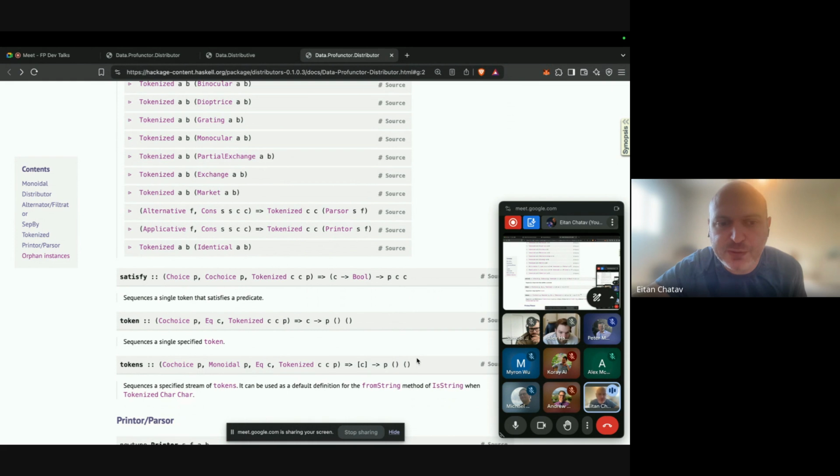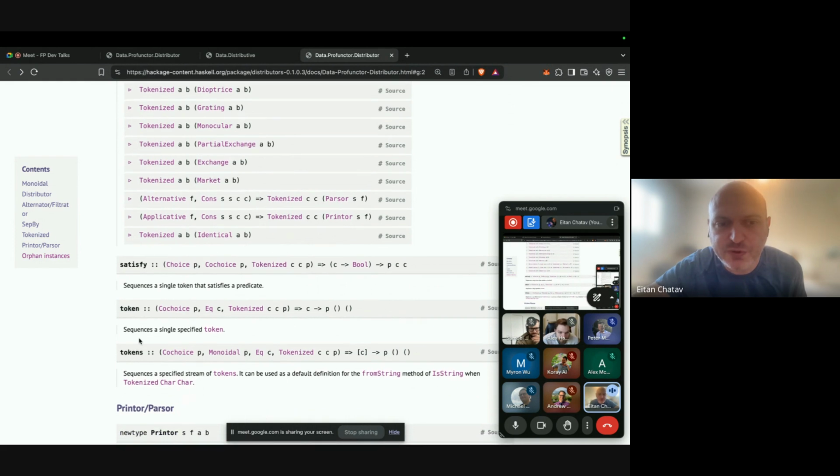And where the strings come in is this tokens. So token will sequence a single specified token. So as long as that token has an EC instance, then we can say, I want the token lowercase a, and we already know what the input is, so we just don't even bother giving any result from that.